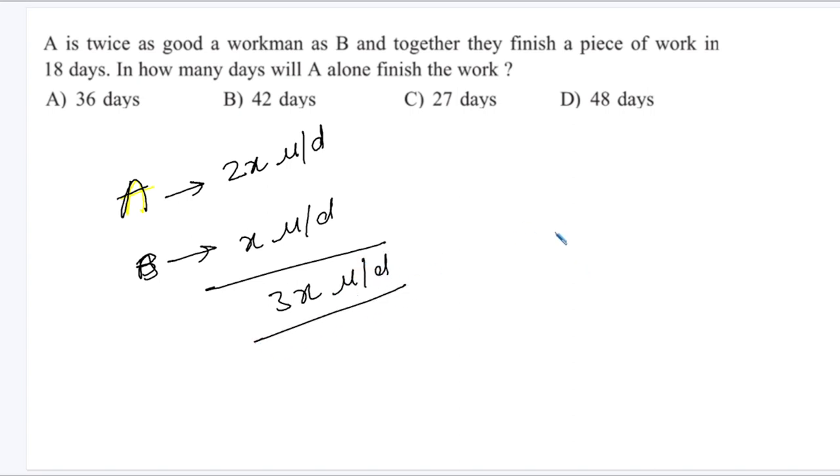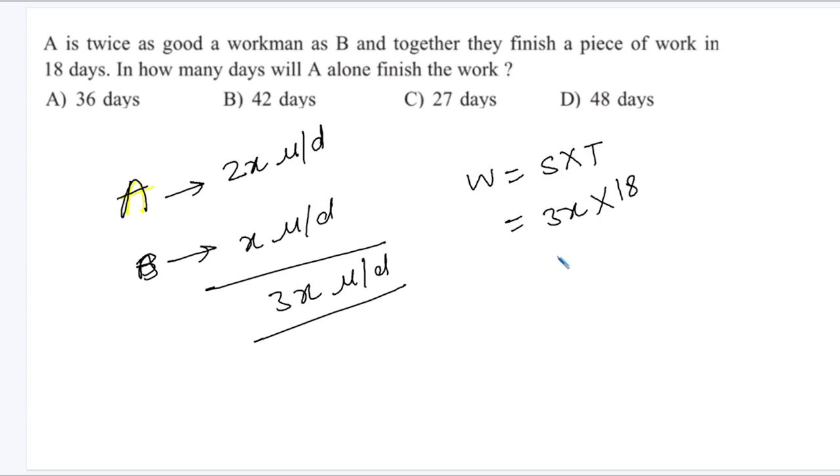And together, they finish a piece of work in 18 days' time. The formula says speed cross time, so at the speed of 3x units per day, they are finishing the work in 18 days' time. So can I get the amount of work done here? Here I did not need to assume the value of the work because I was not given the number of days for A or B. I was told that together they are finishing.